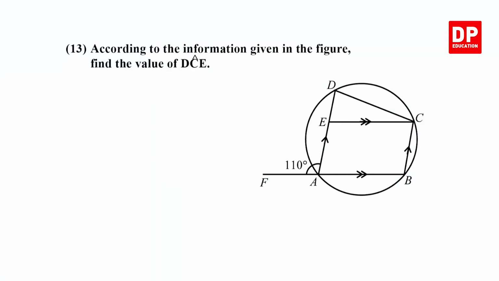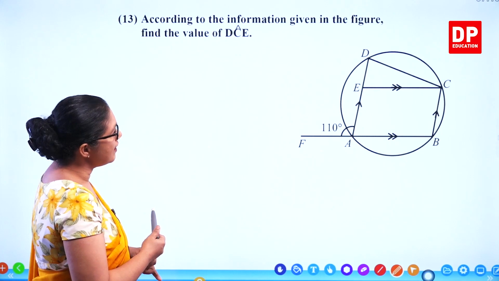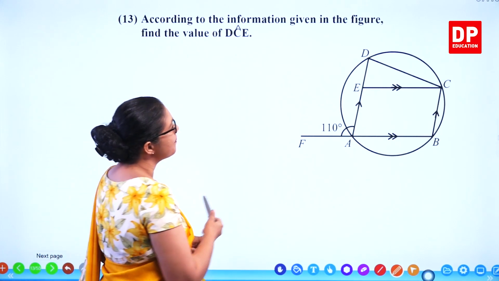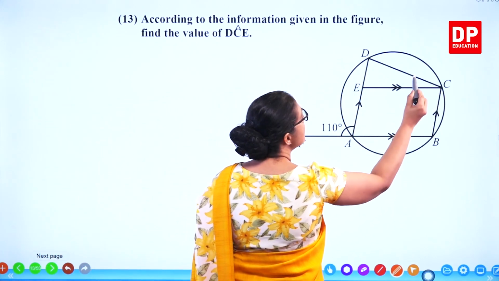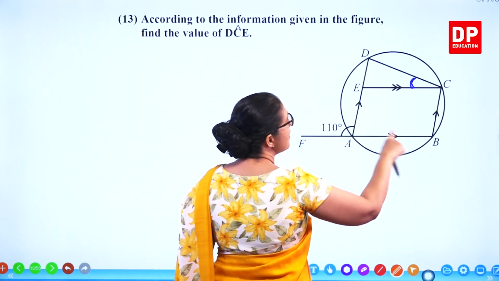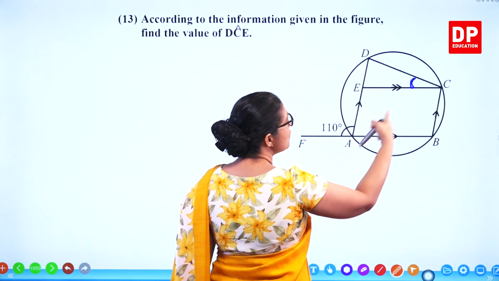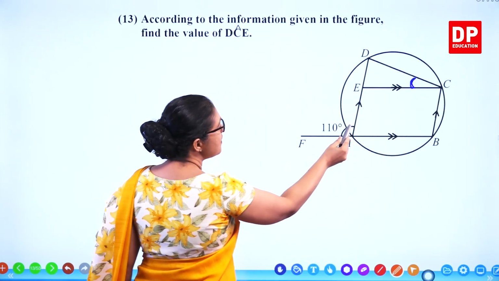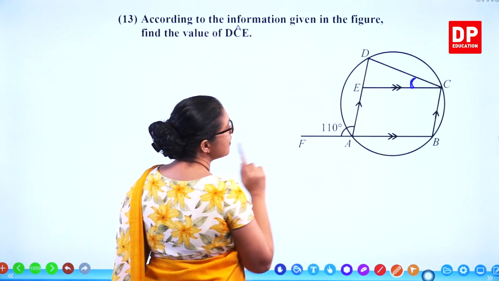Question number 13. According to the information given in the figure, find the value of DCE. Where's DCE? This angle we need to find out. It's given these two lines are parallel and this way also parallel. And this is 110.